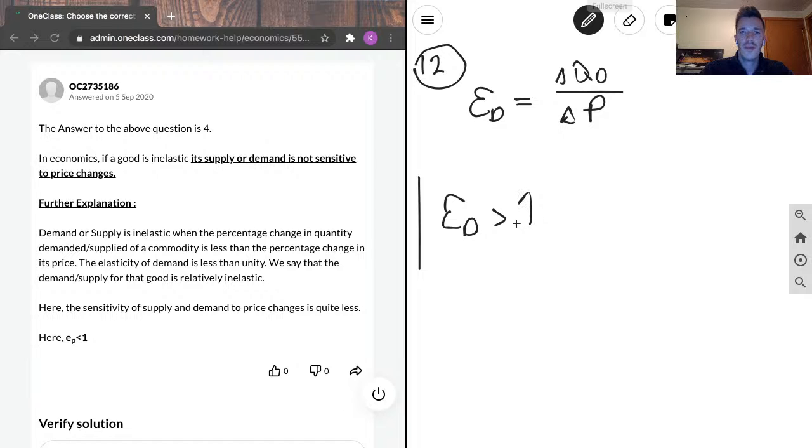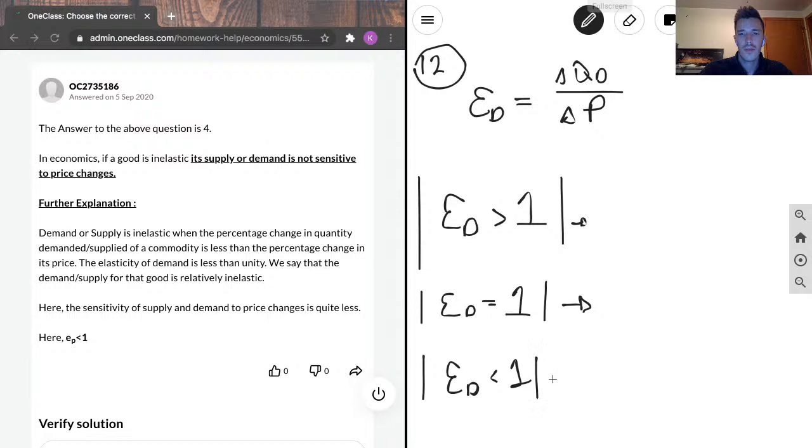The absolute value of the elasticity of demand can be greater than 1, equal to 1, or less than 1. If it's greater than 1, we say that it is elastic. If it's equal to 1, we say that it's unit elastic.